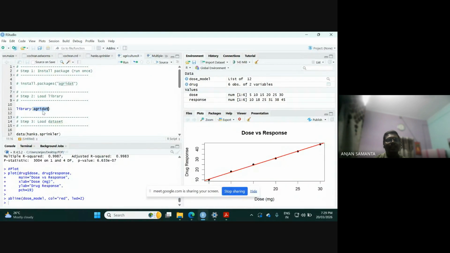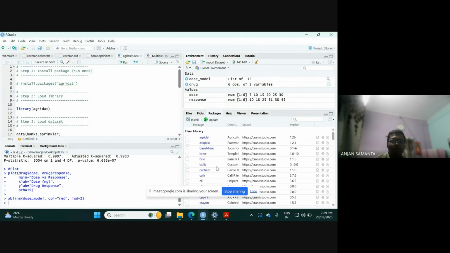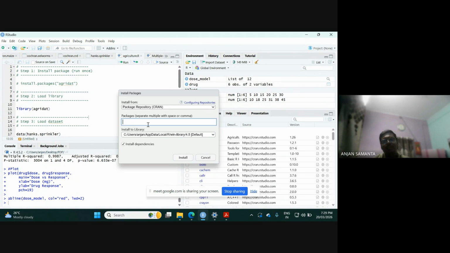For this particular library, like in your phone, whenever you are installing some app, you have to go to the Play Store and install it. Likewise in R programming, everything is not given to you. Whatever you require, you need to install. For installing, you have the Packages option, where you can go to the install button, write the corresponding package you want to install, and click install, and it will be done.